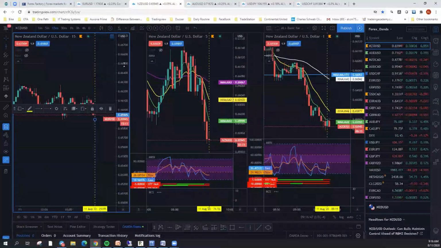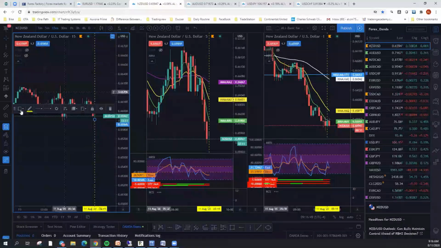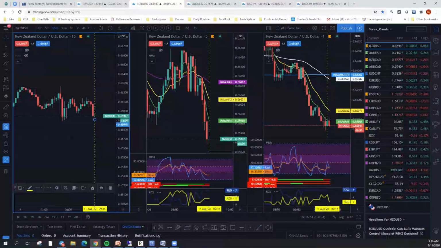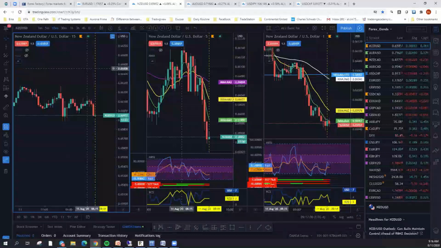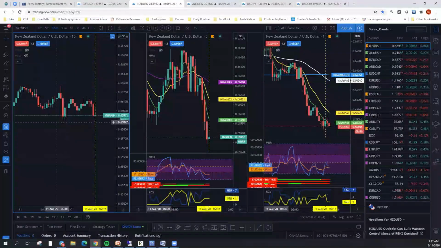Here's the alert. And what was it? It was ascending, yes. So that means we're going to start from the low to the high.